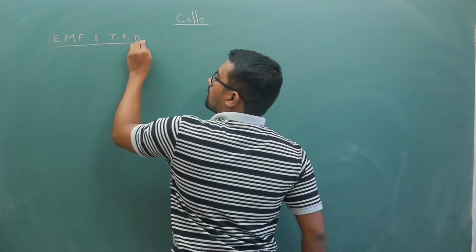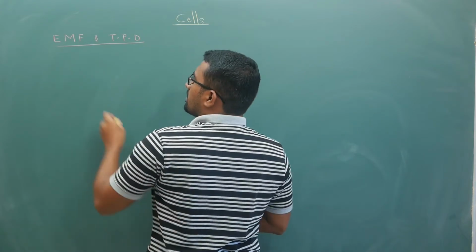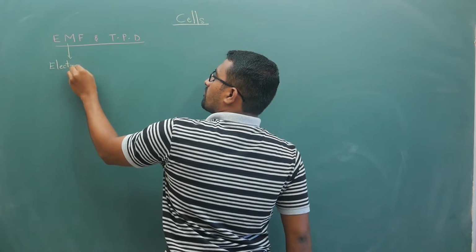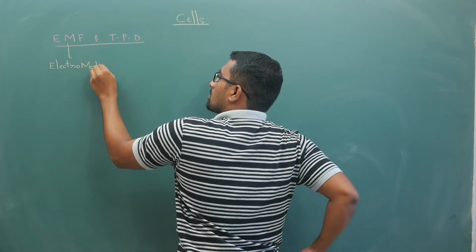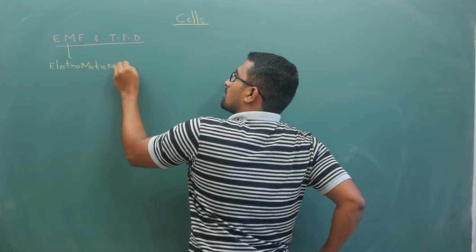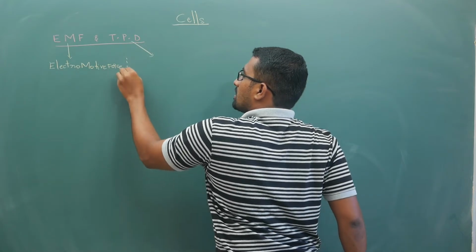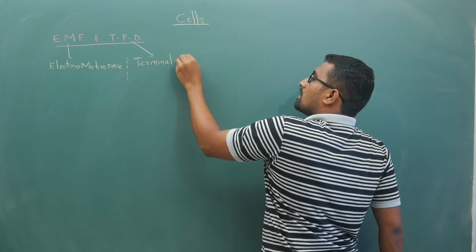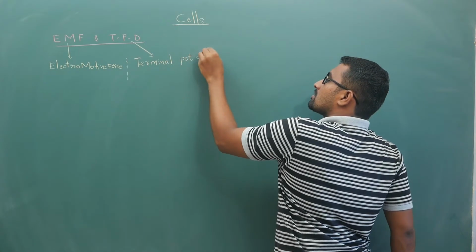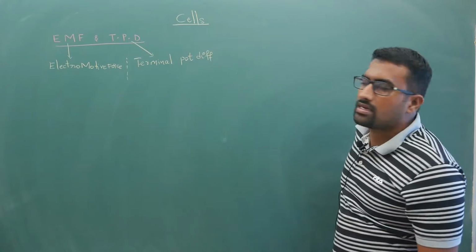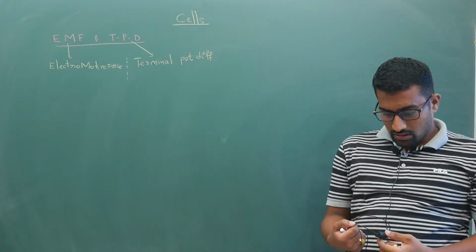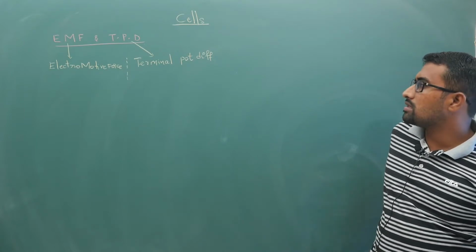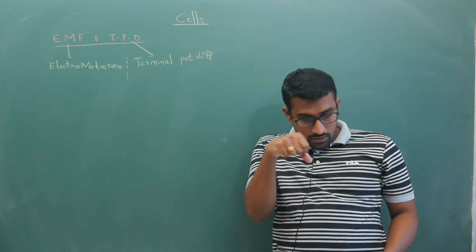EMF is nothing but electromotive force, and TPD is terminal potential difference. So TPD indicates terminal potential difference, and EMF indicates electromotive force. Okay, right. So these are the different cases that you actually have.